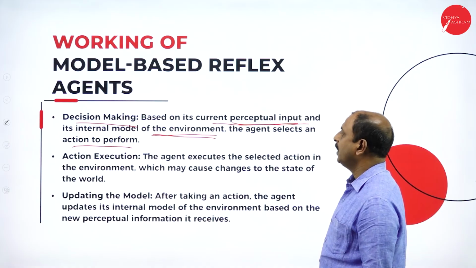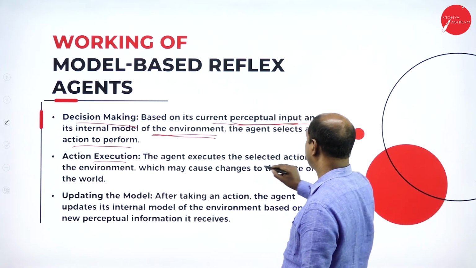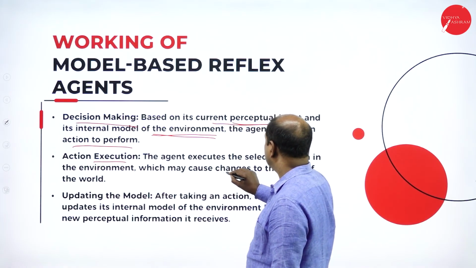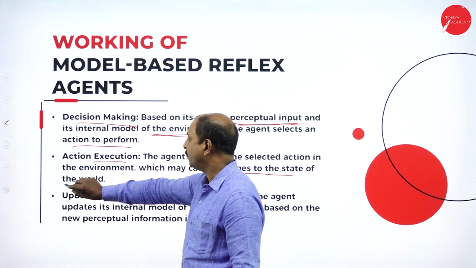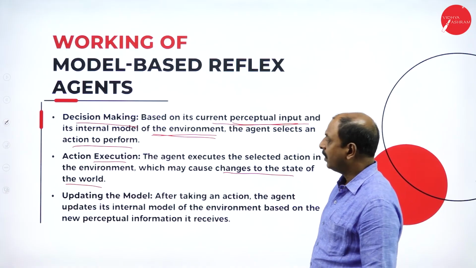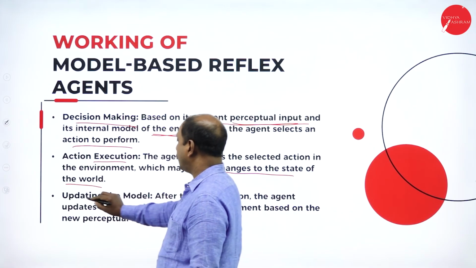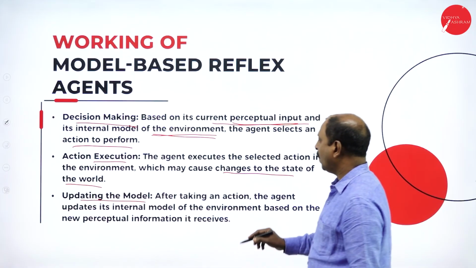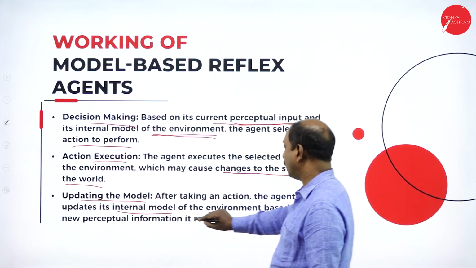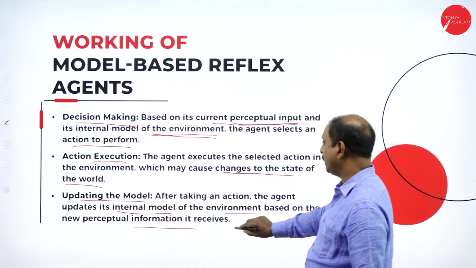And action execution: the agent executes the selected action in the environment, which may cause changes to the state of the world. So this is the function of actuators, or actuation. Actions are performed through actuators. Next one is updating the model. After taking the action, the agent updates its internal model of the environment based on the new perceptual information it receives.